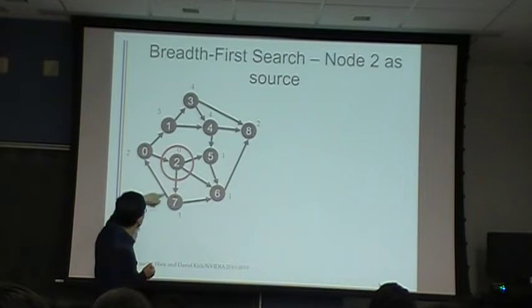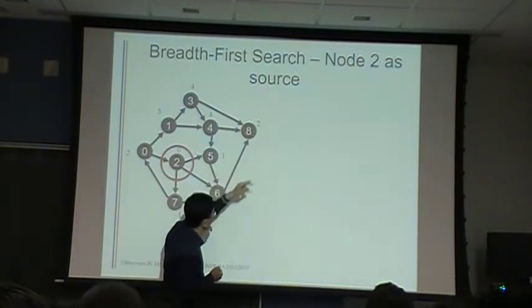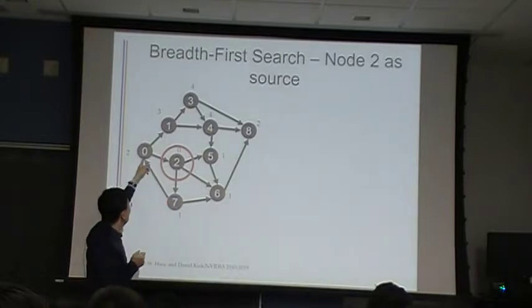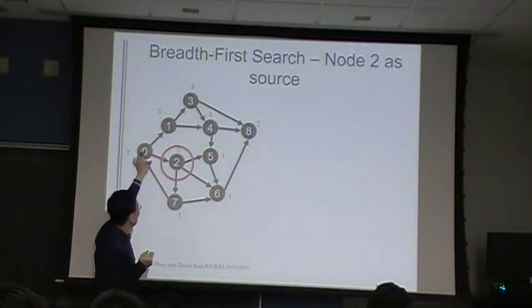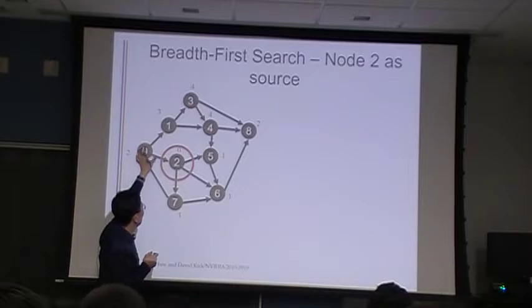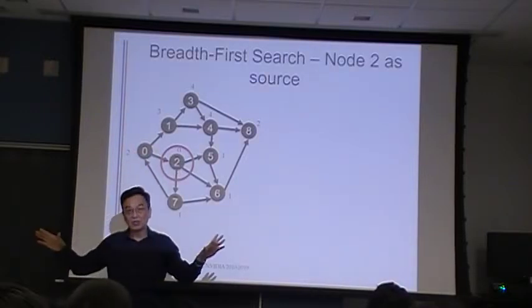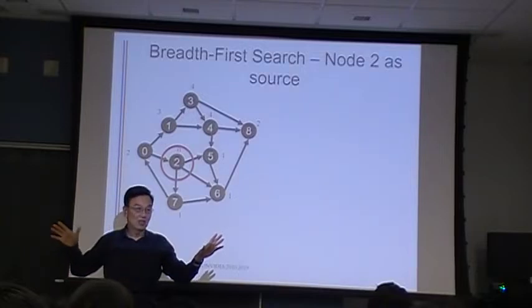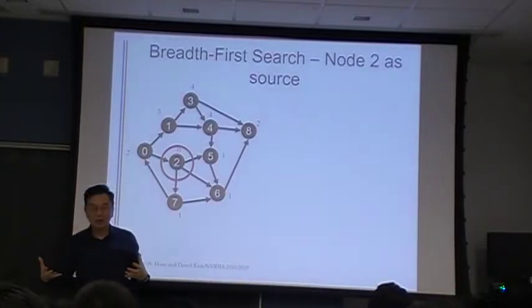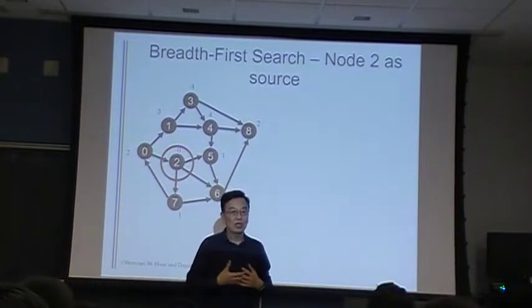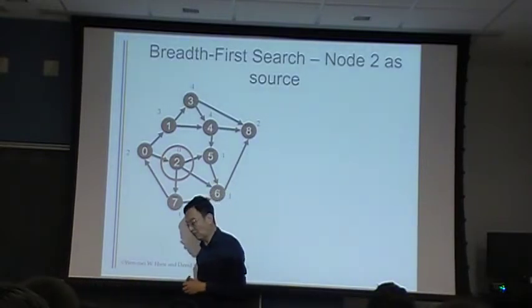So you go from 7 to 0, and from 6 to 8. So as you can see, even though I'm making a very small change in terms of where the source is, the outcome can be dramatically different for the nodes. This is the reason why it's not easy to reuse the calculation of breadth first search.